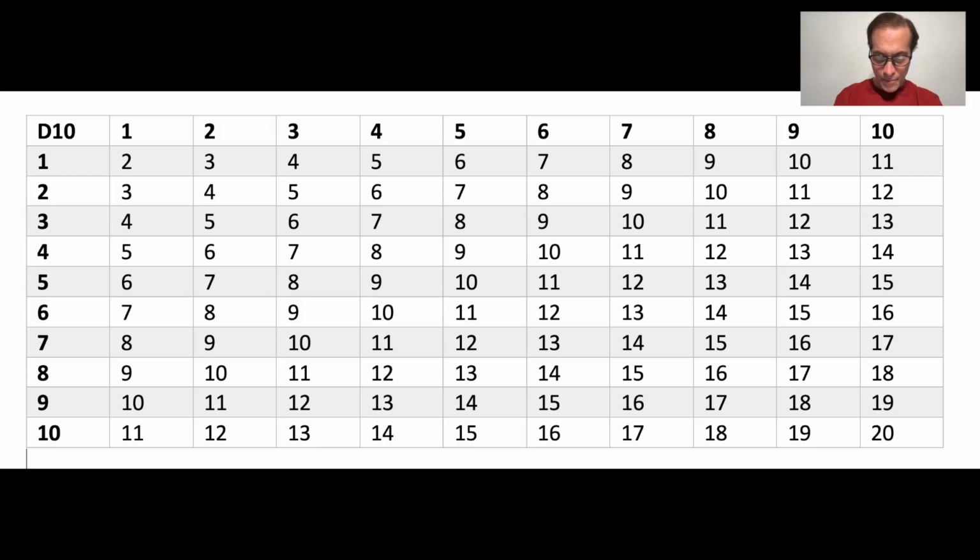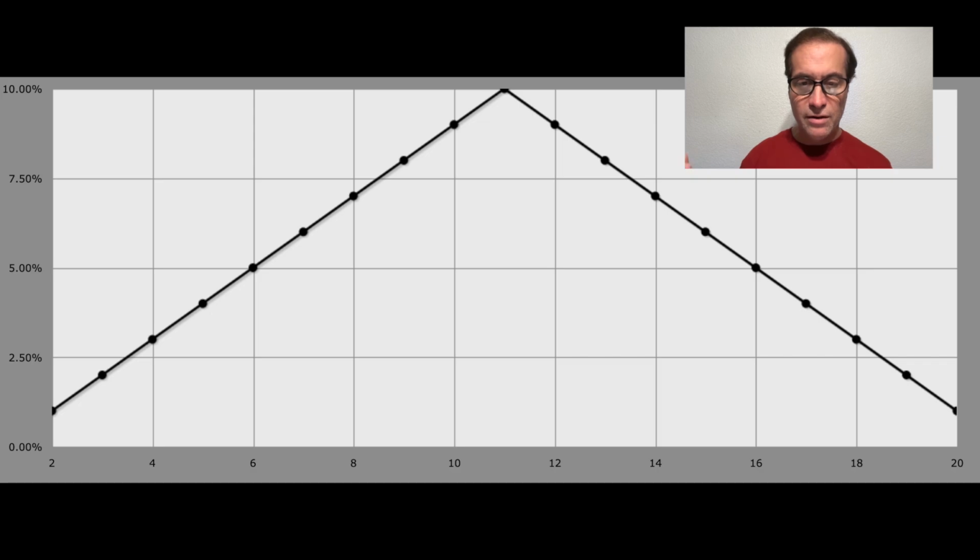See? So what this means is that lower numbers and higher numbers in any given curve are going to be a lot rarer than middling numbers. And the more dice we have, the steeper the curve is going to get, as we'll see.